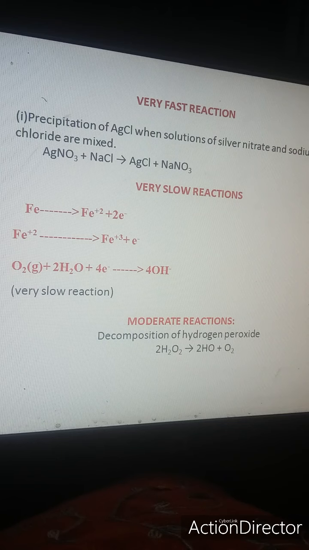When silver nitrate solution is mixed with sodium chloride, a white precipitate is formed immediately. The moment you mix it, the white precipitate forms. So that is a very fast reaction. A very slow reaction, as I told you, is rusting of iron, which depends on the environmental conditions. And a moderate reaction includes the decomposition of hydrogen peroxide.